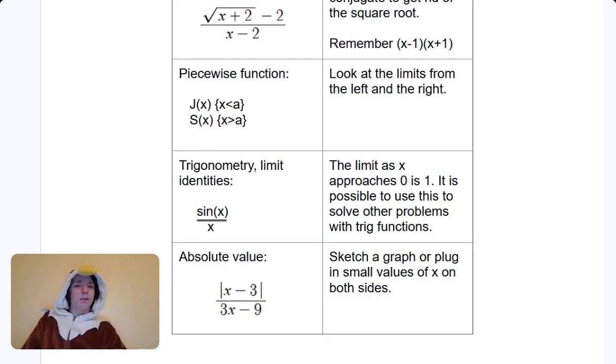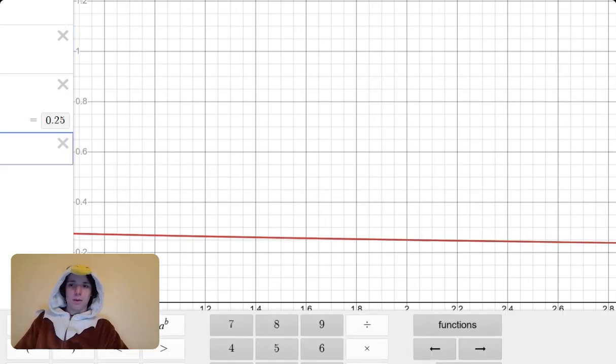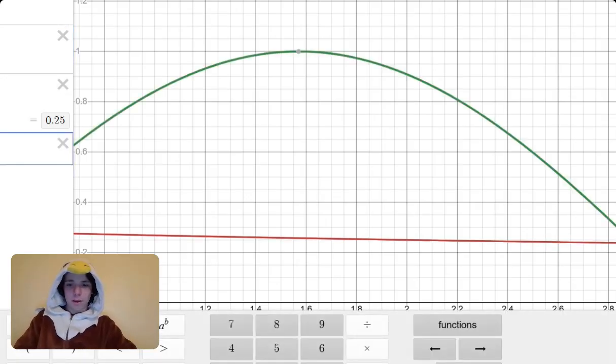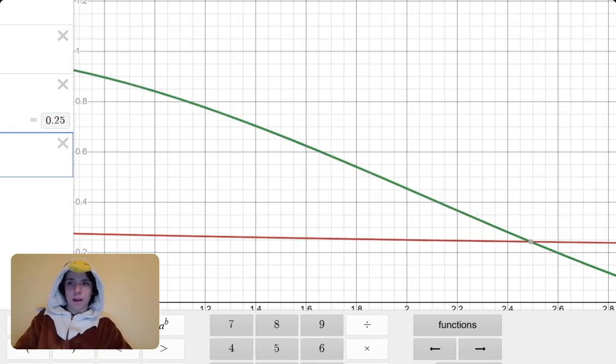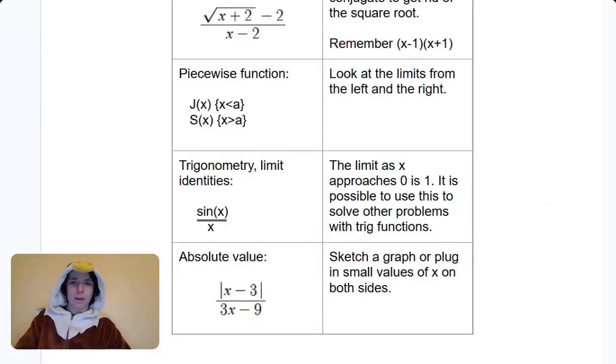Trigonometry. We haven't looked at trigonometry, but it turns out that sine of x over x, if you take the limit of that as x approaches 0, actually turns out to be 1. And I can show you this. Sine of x over x does, in fact, get really close to 1, and I'll prove how that works later.